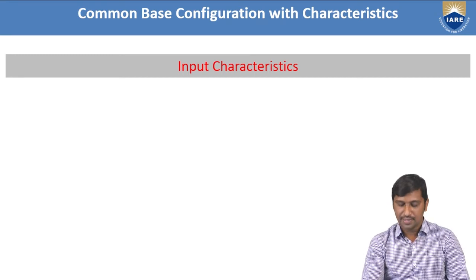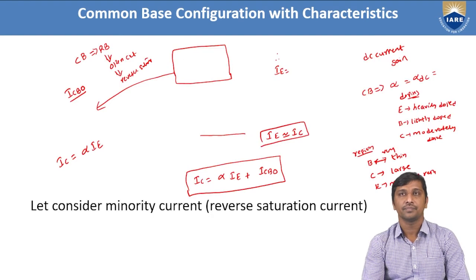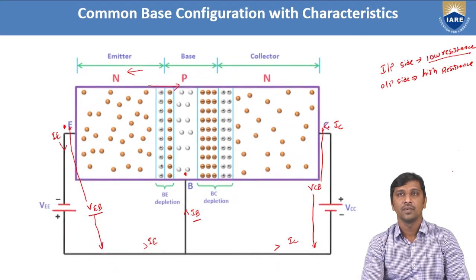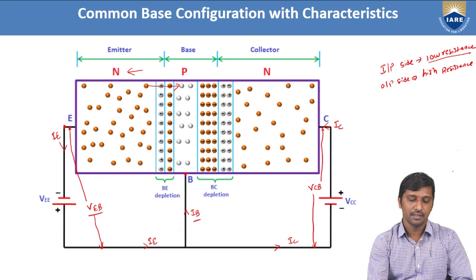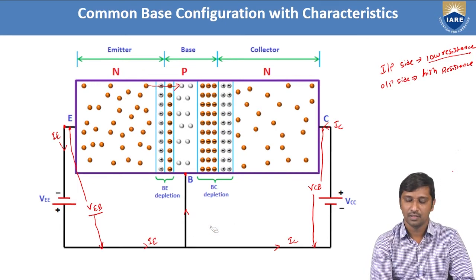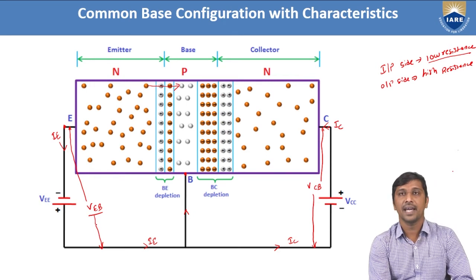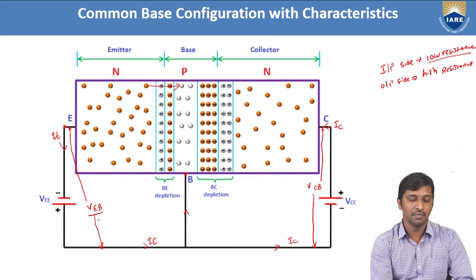To identify these characteristics, let us take some parameters here. If you observe the input side, what are the parameters we need to plot? The characteristics should be plotted between the input voltage, that is VEB, and the input current, that is IE.